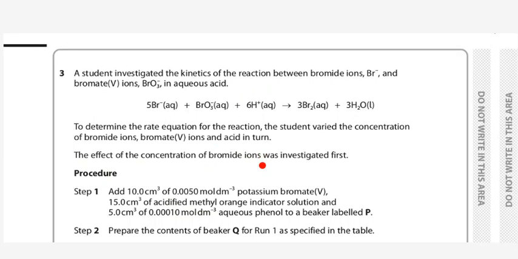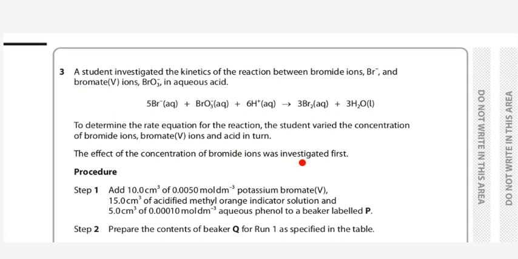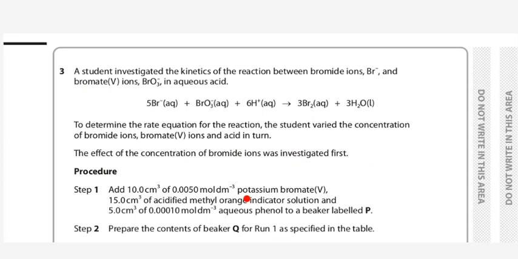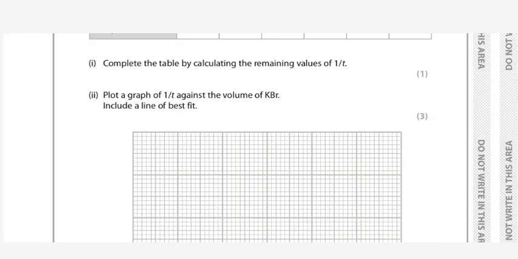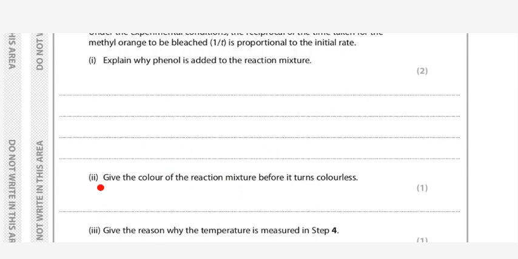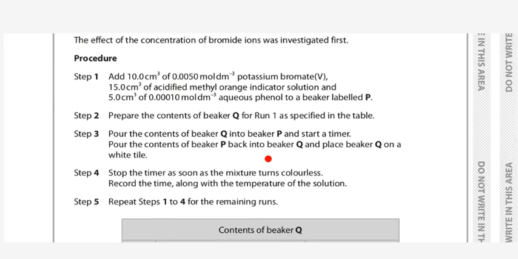Methyl orange turns red in the presence of acid, and then it turns colorless. So red and then colorless. The question asks for the color before it turns colorless.